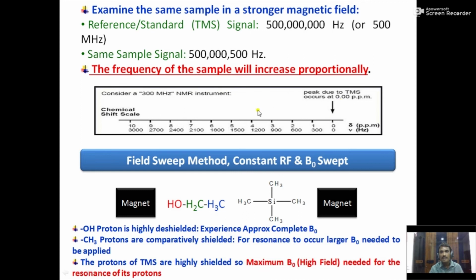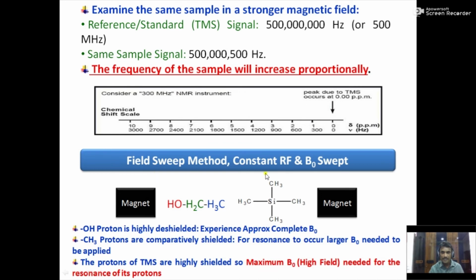It means that if you are using a 300 megahertz instrument, the value of TMS is 300 megahertz, and the down field signals you will get at 300 megahertz plus some frequencies. Okay, we have seen that.